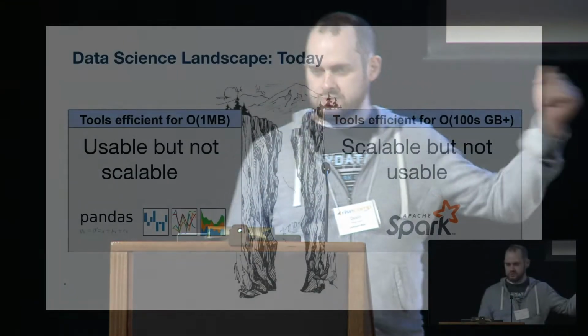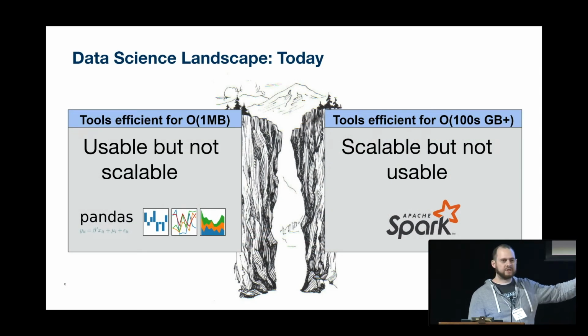Additionally, these systems were designed by systems people for systems people. Systems people really understand systems, and they want tuning knobs, so they design these systems with knobs to be able to tune. But they also present new APIs that effectively do the same thing you would do on smaller data. So we get this problem where tools on the left are usable but not scalable, and tools on the right, I don't mean to pick on Spark too much because it is a great tool, are scalable but not as usable.